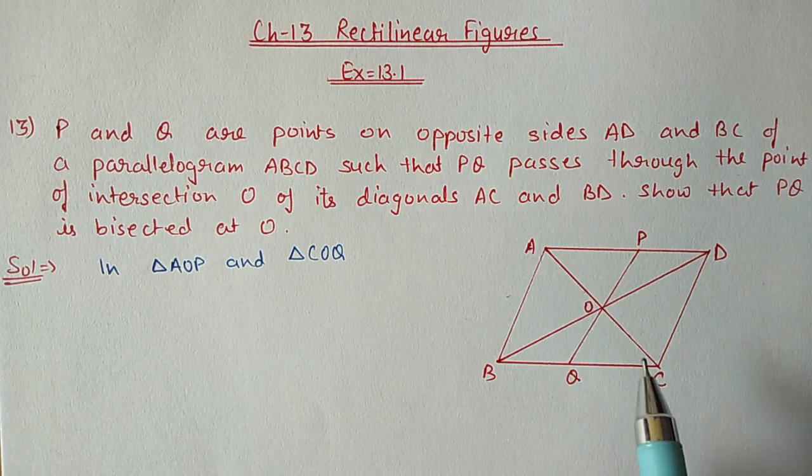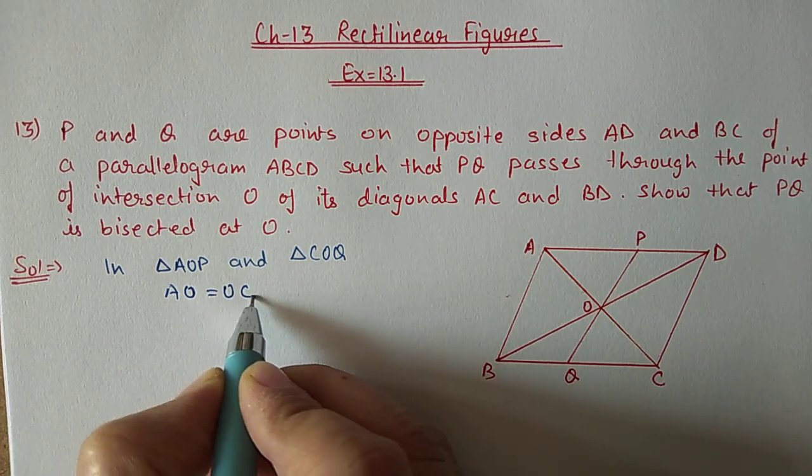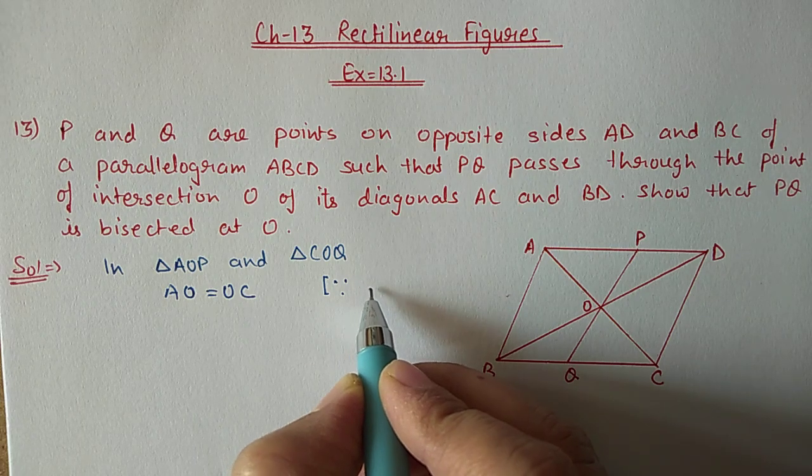So in these two triangles, AO is equal to OC because diagonals bisect each other in a parallelogram.